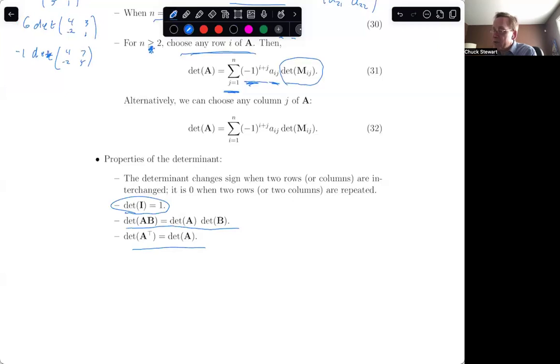But this is the superstar property, because even though matrix multiplication is not commutative, the determinant computation is commutative by virtue of this property, and then you can manipulate the matrix multiplication in many ways.